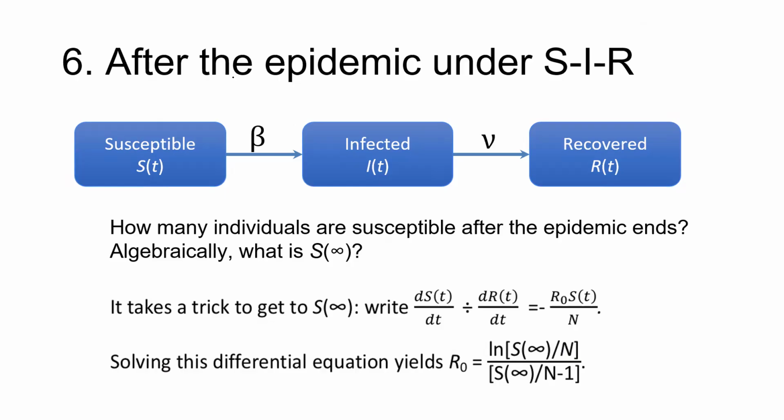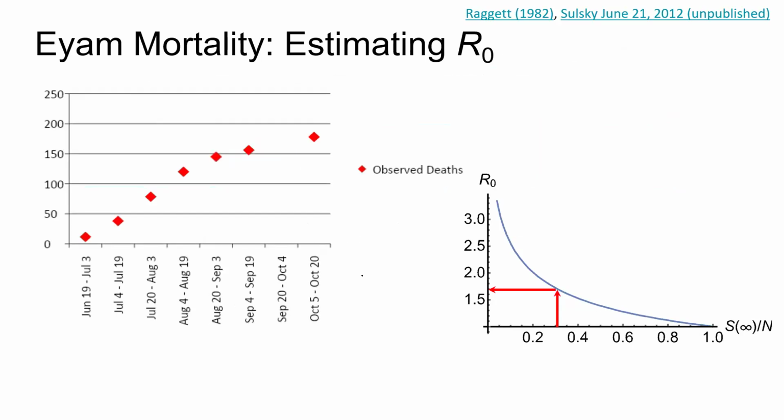So, in order to get this, we think of this term, S infinity, or the susceptible population that exists after a particular epidemic has occurred.